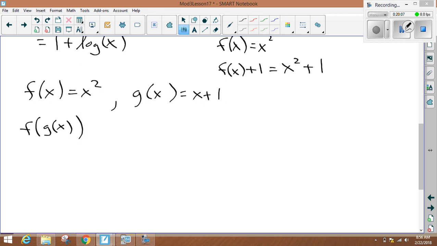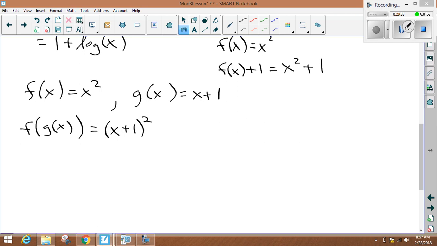What this says is everywhere you see an x in f of x, plug in g of x. Yeah, it's not that bad of a concept to get, but for some reason it's missing. So I want to get it in there for you. Boom. So that's what it is, right? I just substitute x plus 1 instead of x, right?